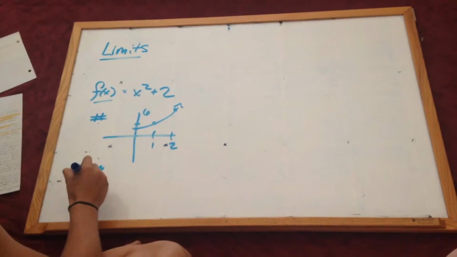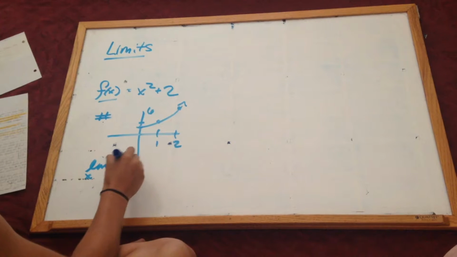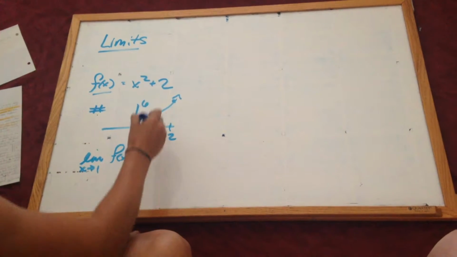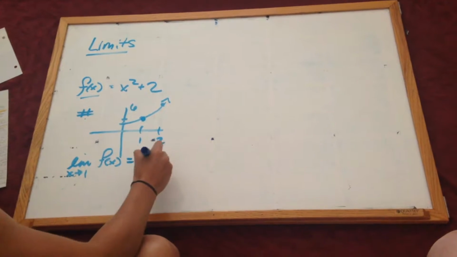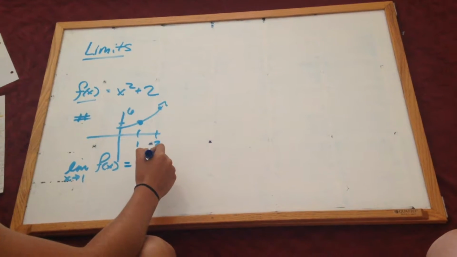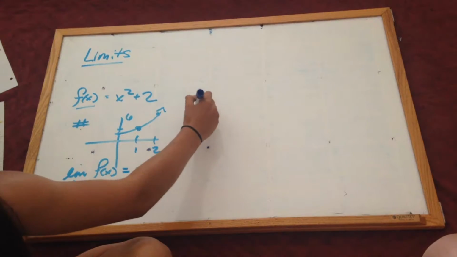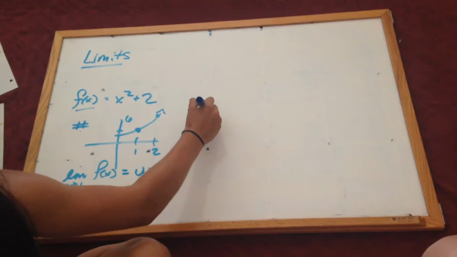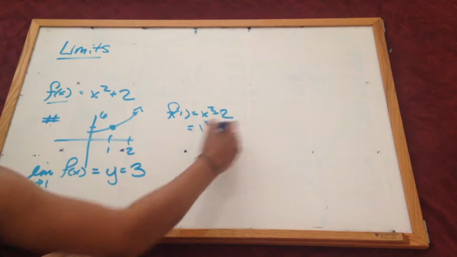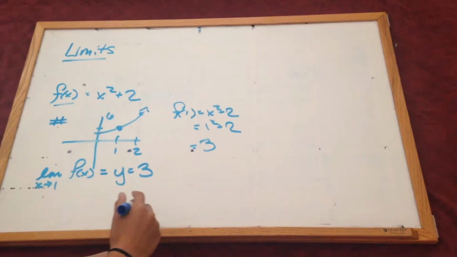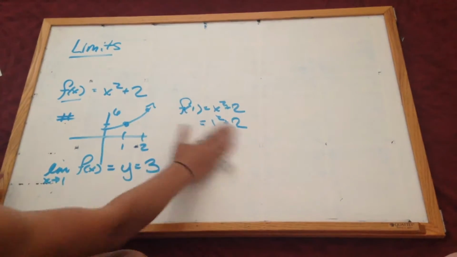As x approaches 1, we see that it hits the point y equals 3, which can also be shown by plugging in the point: f of 1 equals 1 squared plus 2, which equals 3. So the limit as x approaches 1 of f of x equals 3.